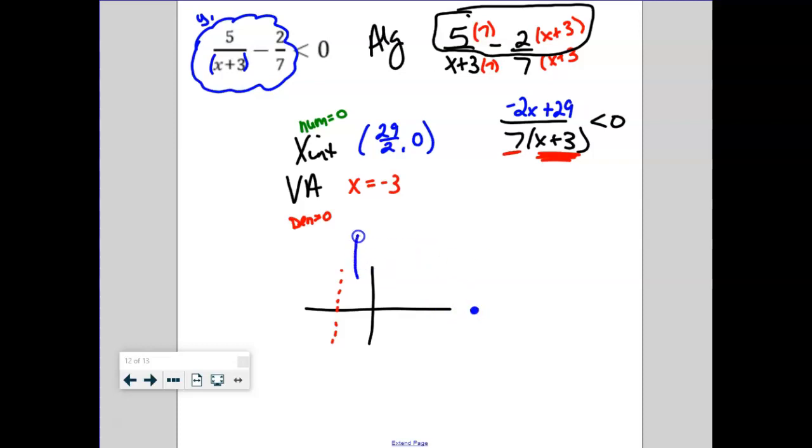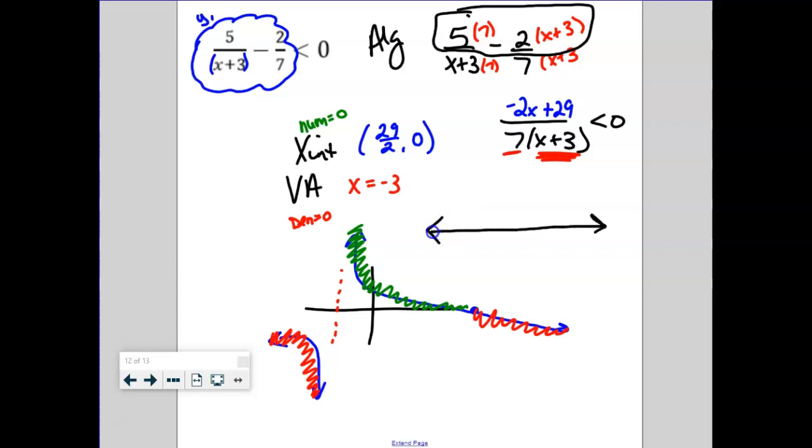And then I think it looks like this, something horrible like this. Not really sure, but something like this. And then you can start color coding. So we got our negative piece here, and then after the intercept it's negative, but up here it's positive. And I really like when this is set up as a sign chart because it just helps with the domain interval.